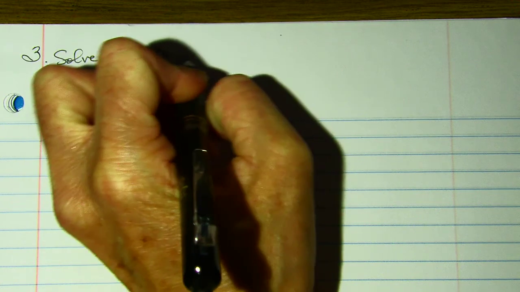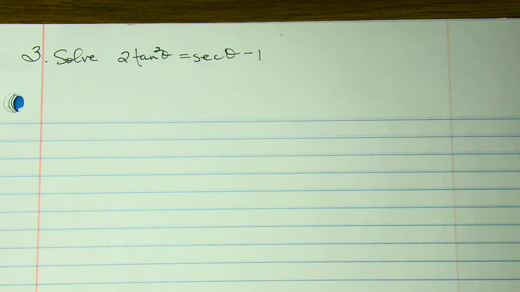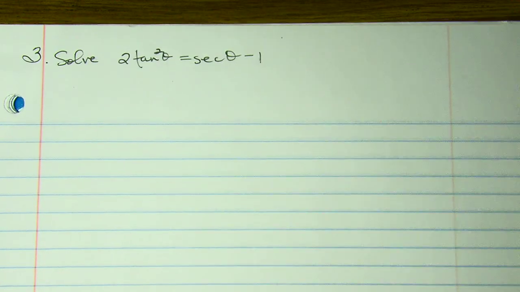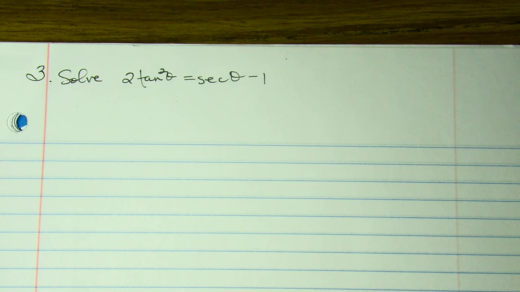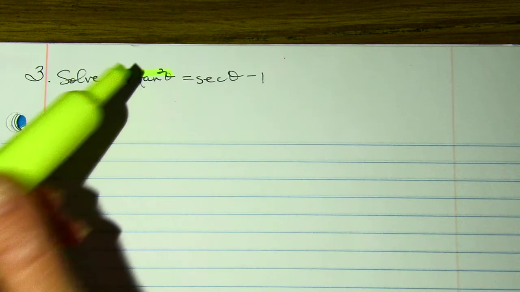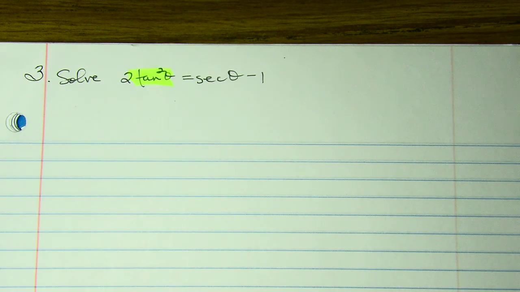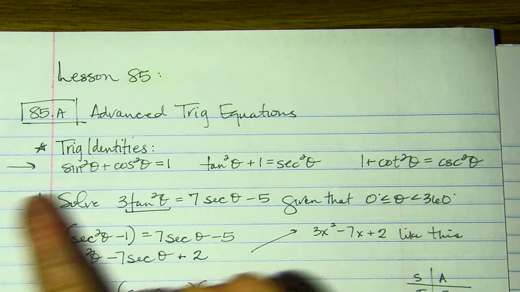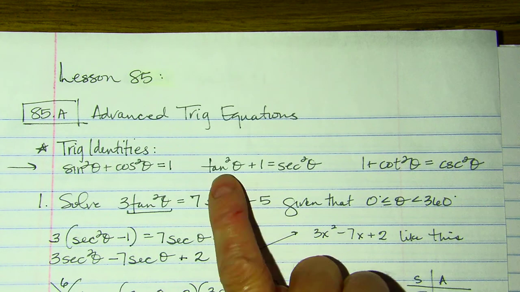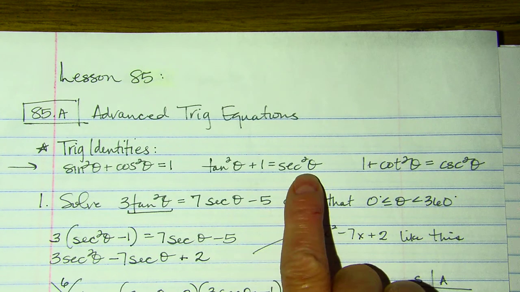Next one. So solve 2 tangent squared theta equals secant theta minus 1. And I'm going to do a couple on here just so you have the examples. So I want to make sure this is all in the same trig function. So I'm going to replace this using my 3 properties. Tangent is involved here. So the tangent squared of theta equals secant squared theta minus 1.